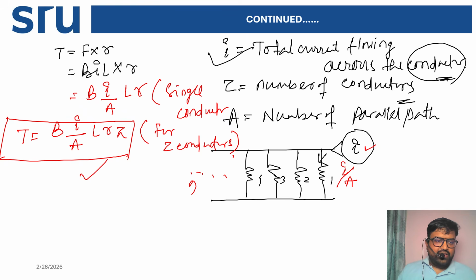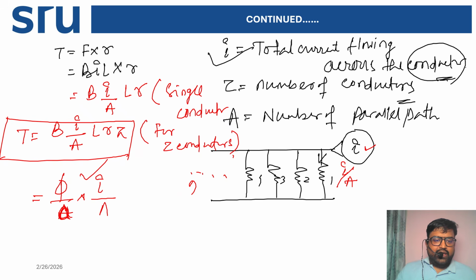How can we find out the area? Because we know from this equation that torque is equal to flux per area. The capital A is already used for the number of parallel paths, that's why we are putting small a to find out the area.